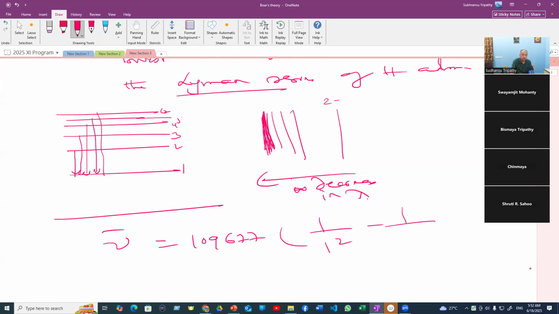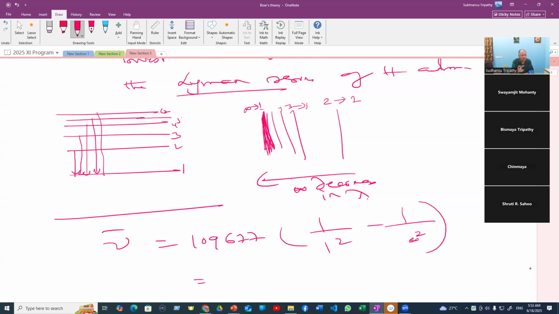This is 2 to 1, this is 3 to 1, this is 4 to 1, and the lowest wavelength will be infinity to 1. So this will be infinity square, that means 0. That means indirectly I'm talking about the ionization energy and the corresponding lambda I want.